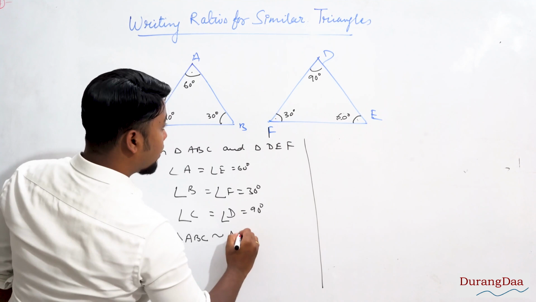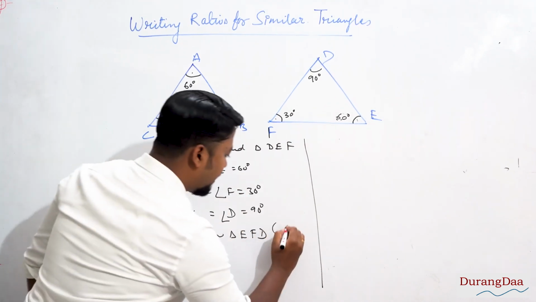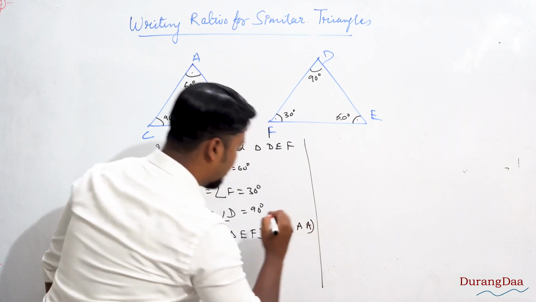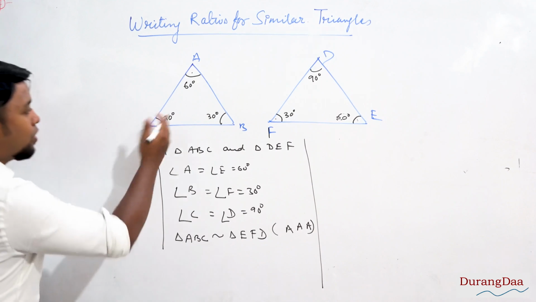So this should be EFD, by angle. Till here no problem. The problem comes when you have to draw the ratios.